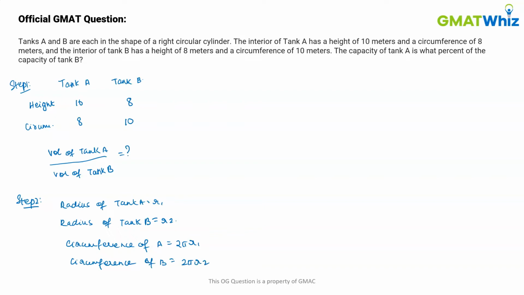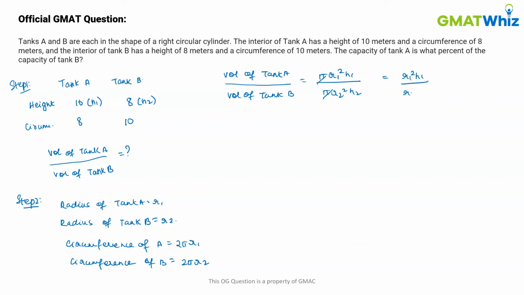Now, since we have to find the volume of tank A and the volume of tank B, we have pi R1 squared H1 by pi R2 squared H2, where H1 is the height of tank A and H2 is the height of tank B. Now, pi gets cancelled and basically we have to find the ratio of R1 squared times H1 to R2 squared times H2.